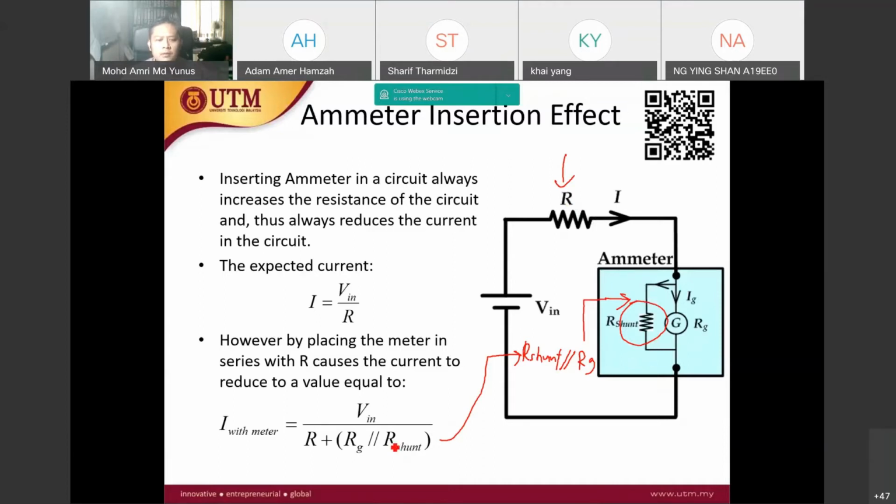If this internal resistance is high, the current will decrease. That's why for an ammeter, the internal resistance must be kept low.